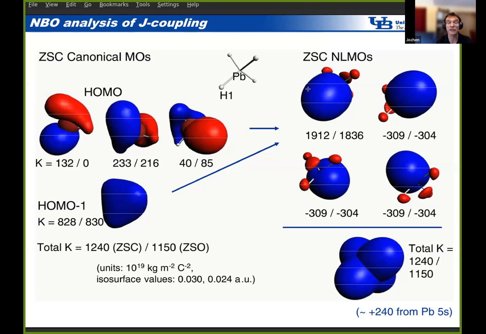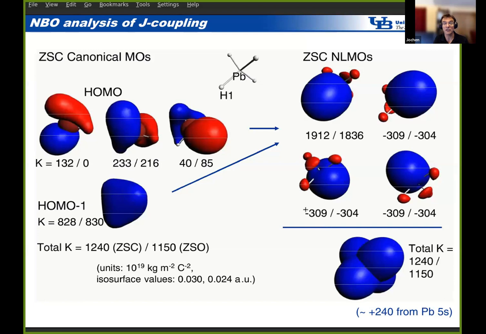The one that is associated with the pair of nuclei for which the coupling constant is calculated gives you the bulk of the coupling constant. And then the other bonds have negative contributions. And that is because the NLMOs, as well as other types of localized orbitals that you can use here, are mutually orthogonal.